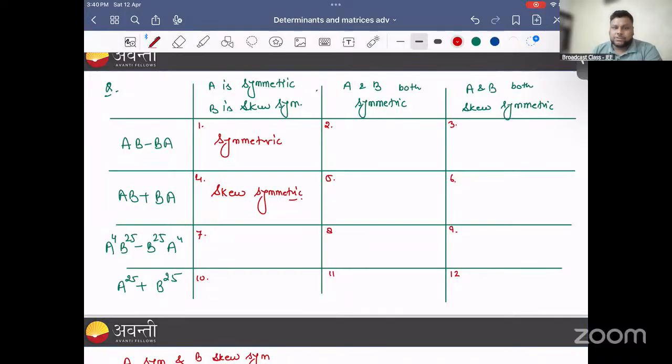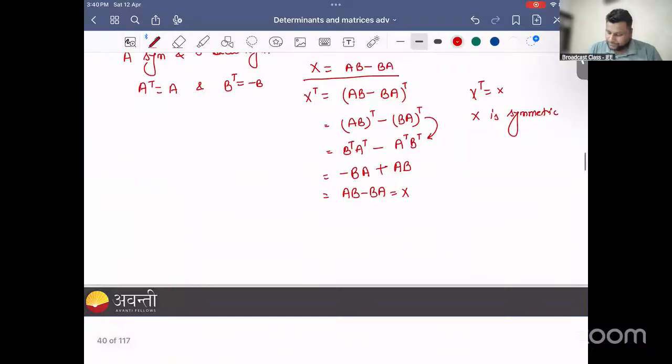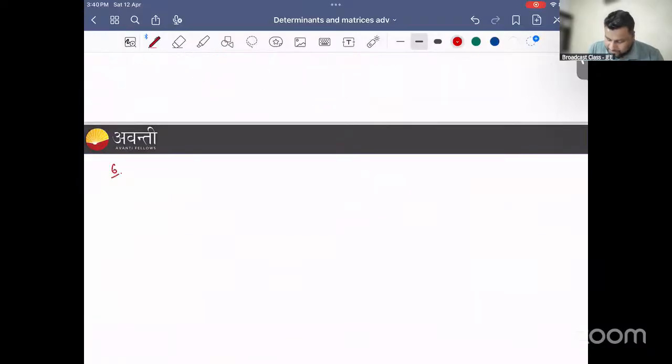Others also please contribute. See, one more part I'll do. I'll do the sixth part. A and B both skew symmetric.